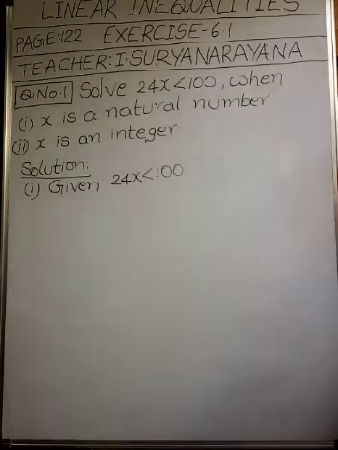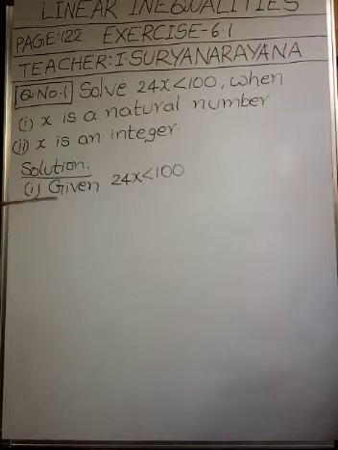We follow the same rules as when solving equations. Yesterday we discussed the rules. Only you have to remember when you are dividing or multiplying by a negative number. Only in that case you have to be very cautious. You should take care of that case.